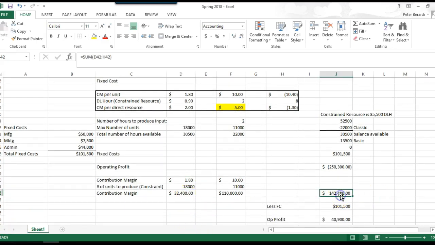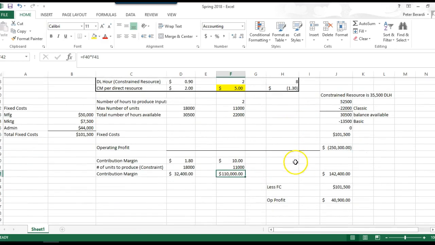The contribution now is 142,400. And the additional profit from the last one would be $5,400. We wouldn't produce formal because it loses money.